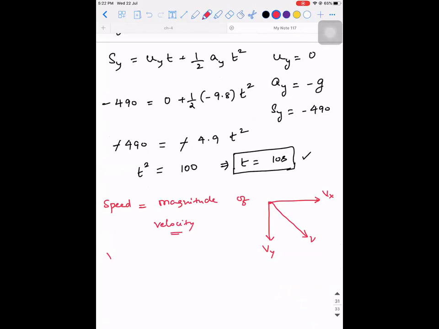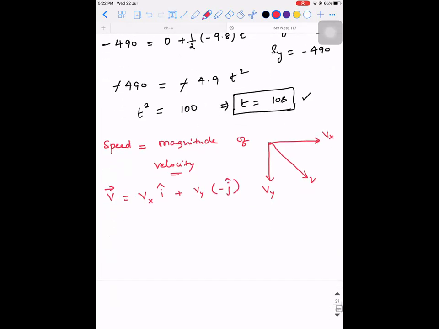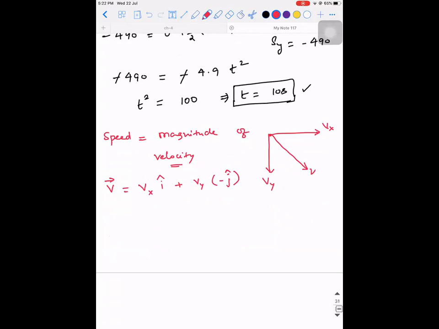What I'm going to do is write V as a vector is equal to: Vx is along which direction? Positive x-axis. For the positive x-axis, what is the vector used? I cap. And Vy is along which direction? Negative Y. Minus j cap. Okay. So this is the velocity vector, the velocity vector just before it hits the ground.